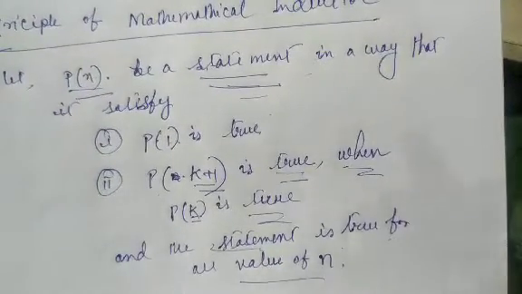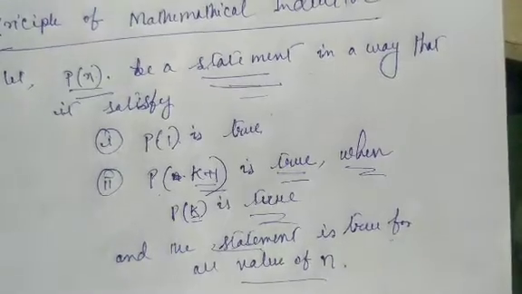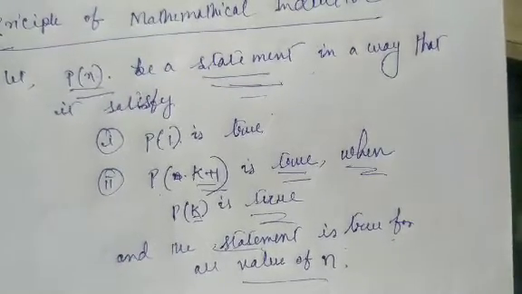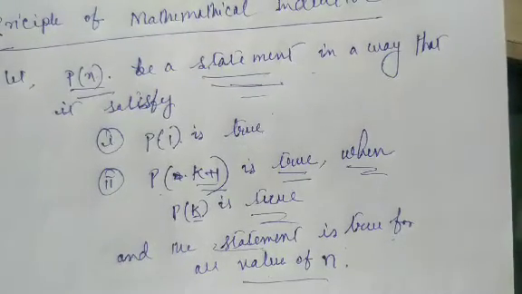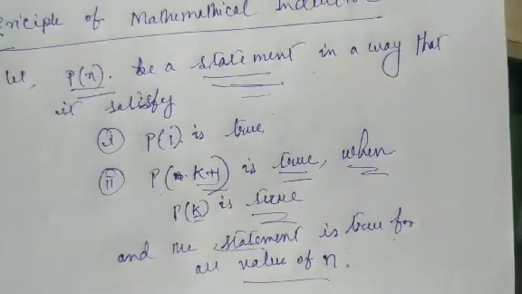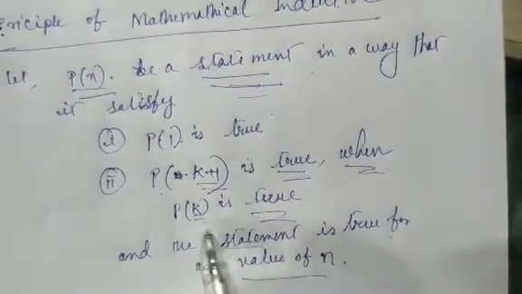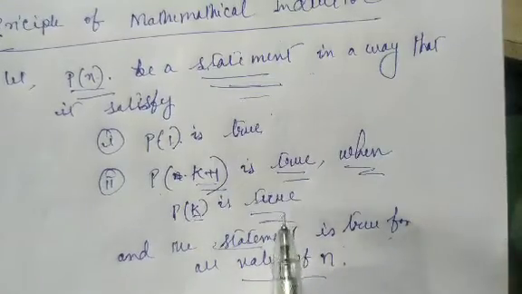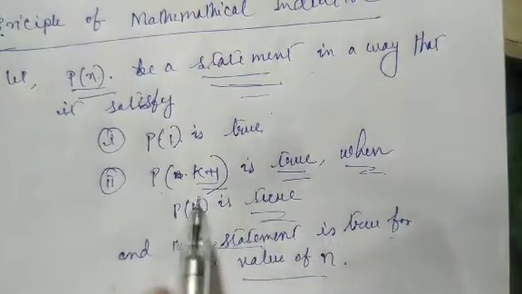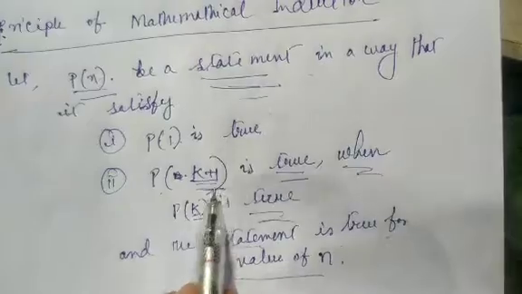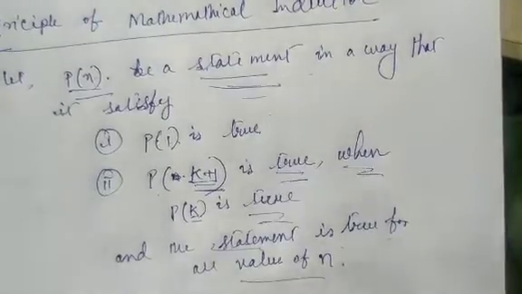That means in the statement, first we put n equal to 1 and it satisfies both sides. Then we assume the statement is true for P(k), and at the last we show that for n equal to k plus 1 the statement is true.